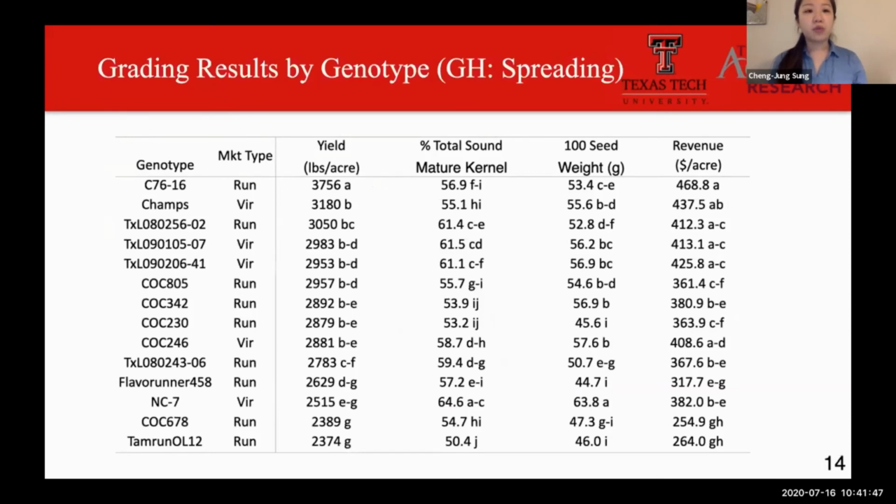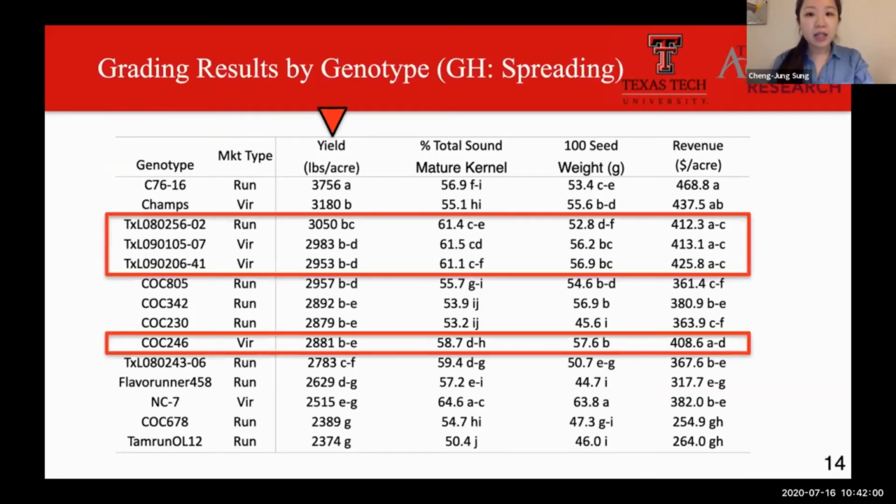For the results of the grading by genotype, again, I separated the spreading and erect types into two different tables. Here I sorted by yield, and I circled these four genotypes, including three breeding lines and one mini-core, that have pretty nice yield performance.